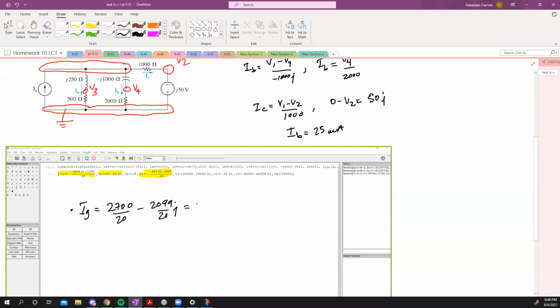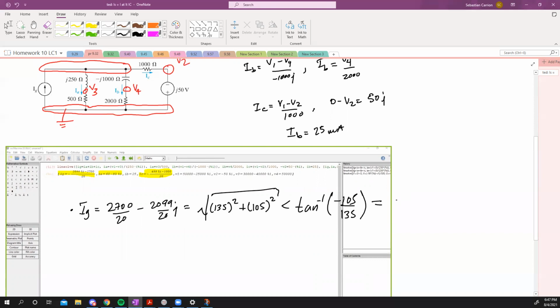Converting this, 2700 over 20 is 135, and 2099 over 20 is basically 104.95, which I'm going to round to 105. Then we take the inverse tangent of negative 105 over 135.